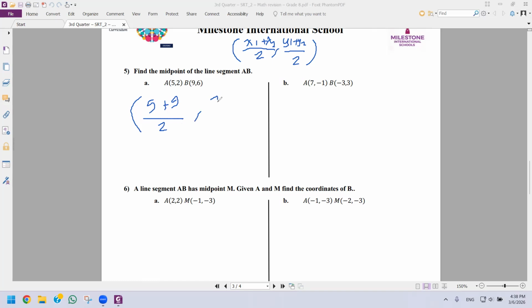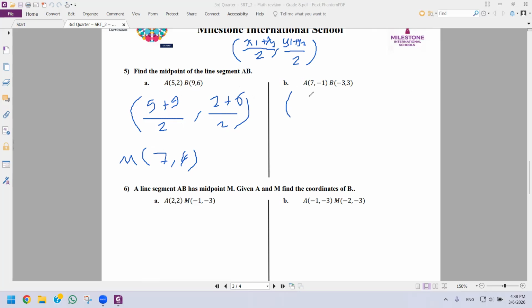Then the y value, y1 is 2 plus y2 is 6, over 2. So the coordinate of the midpoint M is 5 plus 9, 14 over 2, 7. 6 plus 2, 8 over 2, 4. So this is the coordinate of the midpoint.